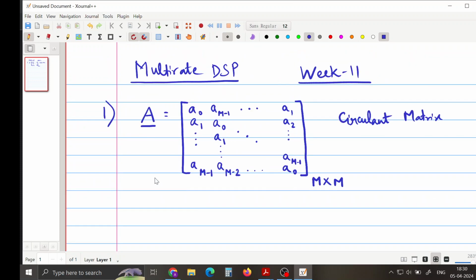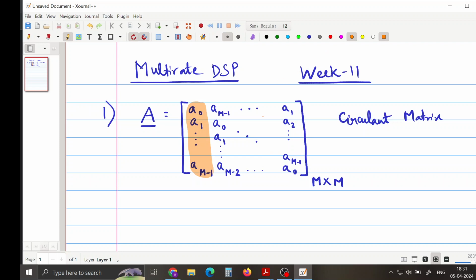So the first column, what is the first column of this matrix? This is the first column of the matrix, and it can be arbitrary.